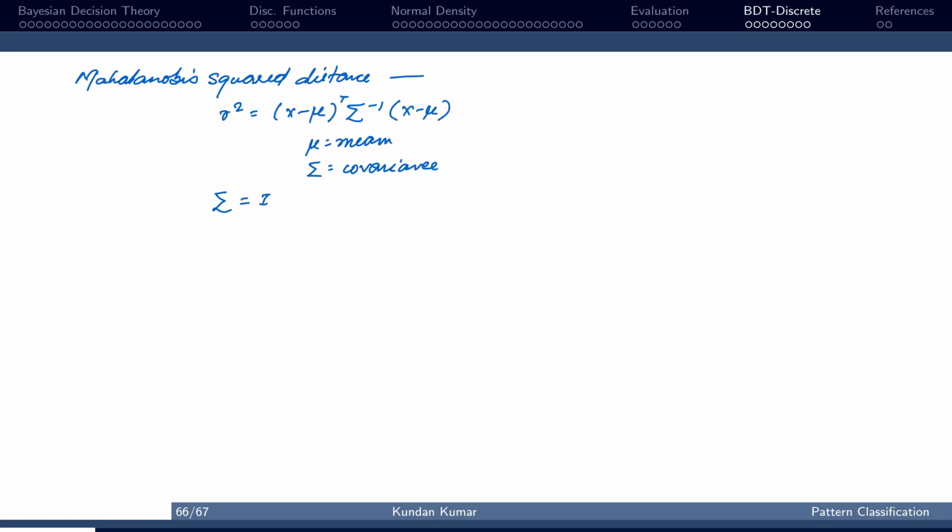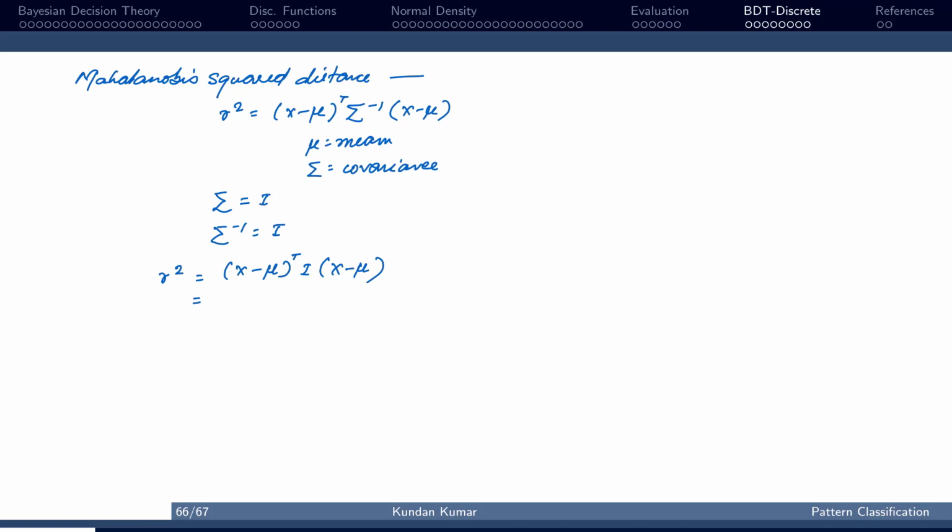So if the covariance is the identity matrix, then the inverse of this will also be the identity matrix. Then just putting it here, r square will be (x minus mu) transpose I (x minus mu).